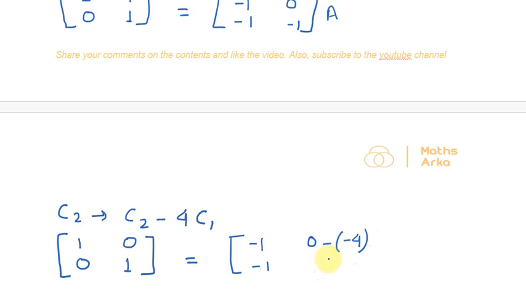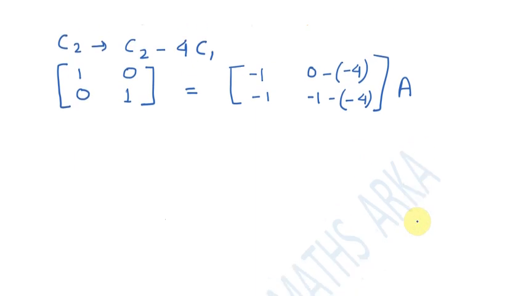Then what do we get over here? Minus 1 minus 4 times C1, that is minus 4 here as well.